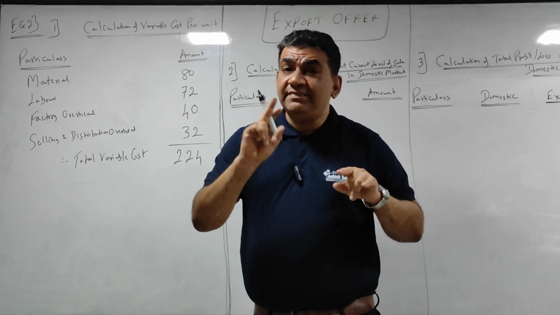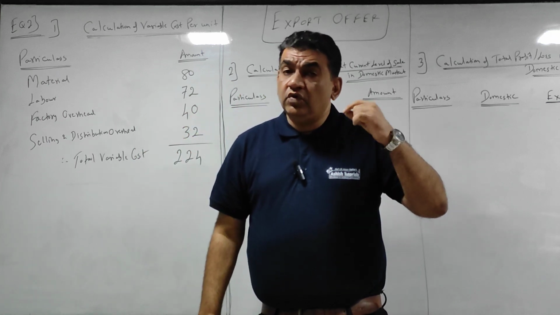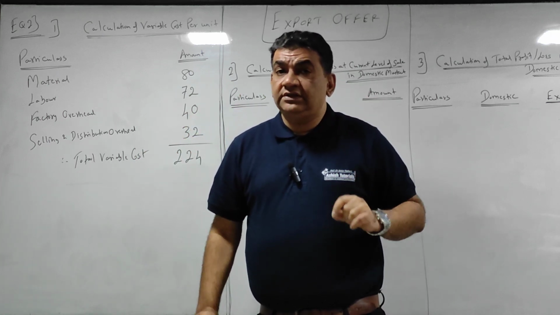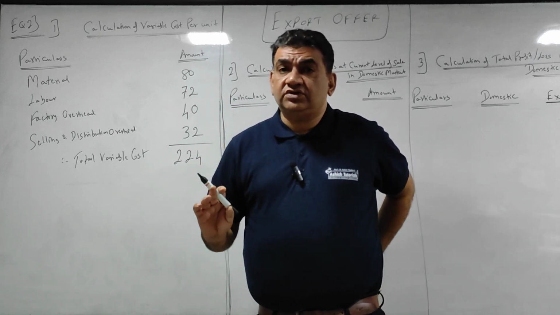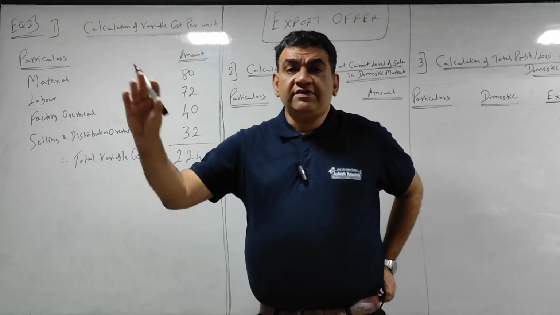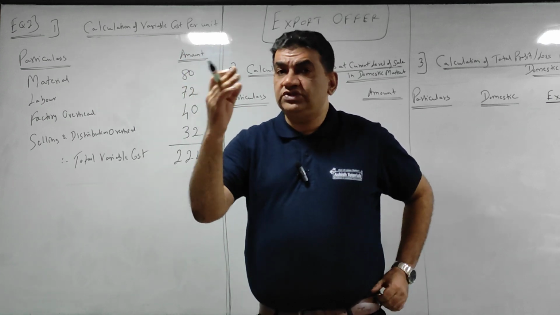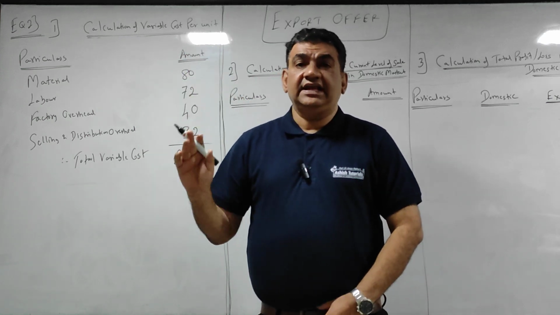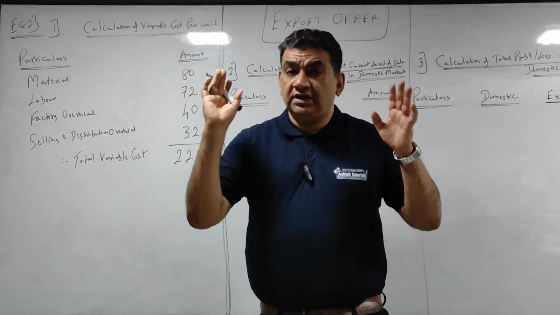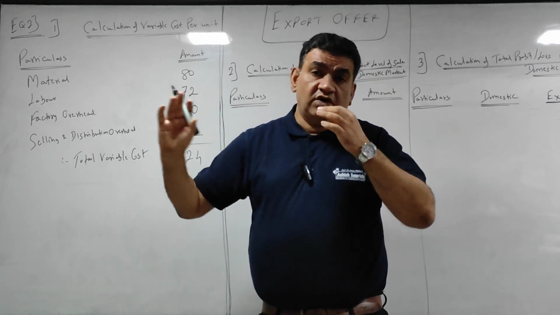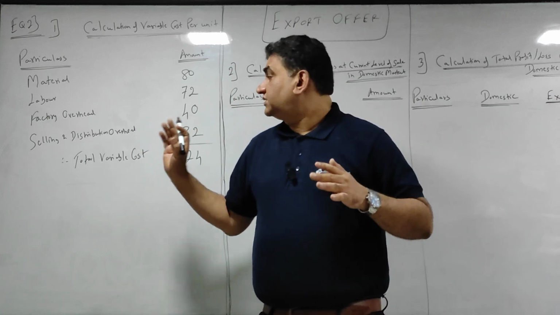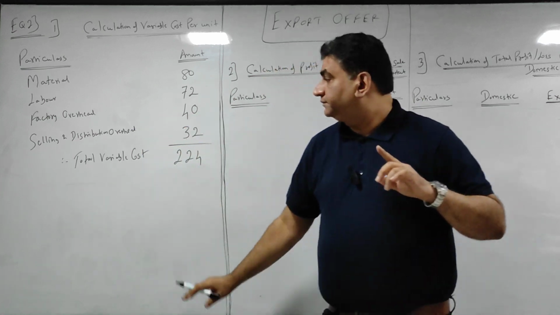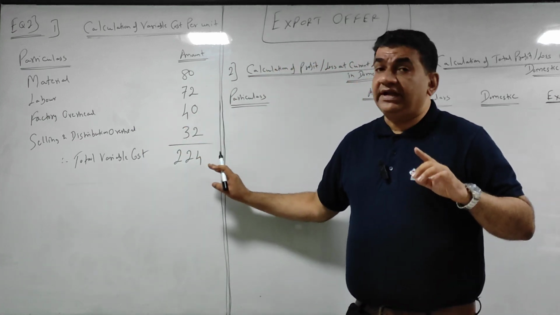Now, have they mentioned that if you go for the export order, you have to incur extra variable cost or fixed cost? No. In detail, when we do the sum in the regular class, those students who are studying with me will see it. But here, I am just giving you all the basics of export sums in this session. So, my variable cost is 224.